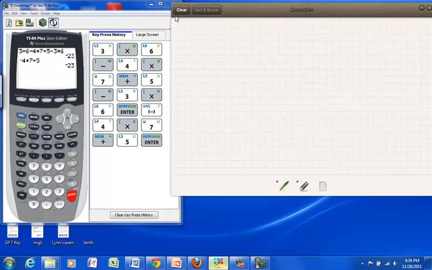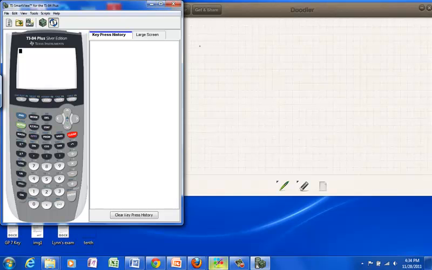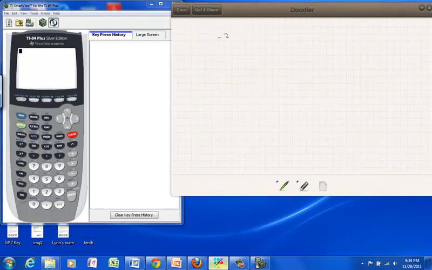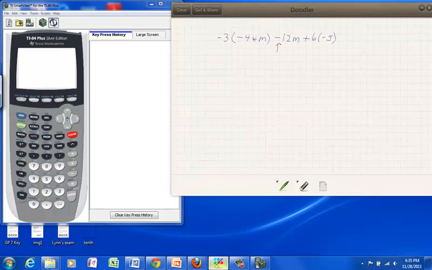All right, now we'll do the last one. And first we will identify the terms separated by subtraction or addition, but not inside a grouping symbol.